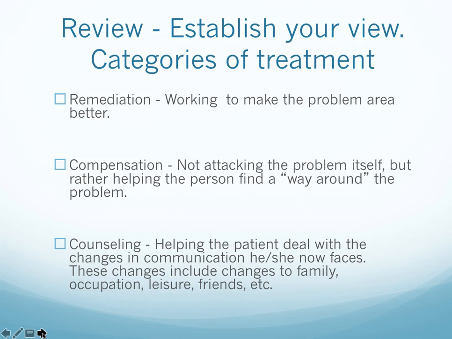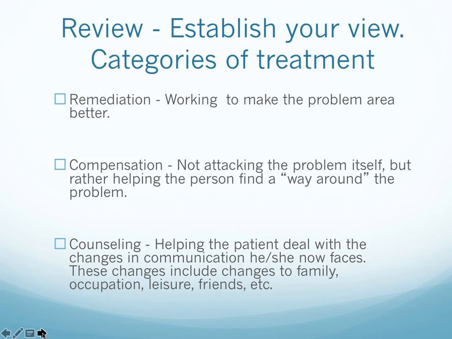So I want you to think about the idea of approaching a treatment program by establishing your view. And we really have three things that we can do for people with aphasia. We can try to remediate, that is working to make the problem better, trying to get as much improvement as we can in function.